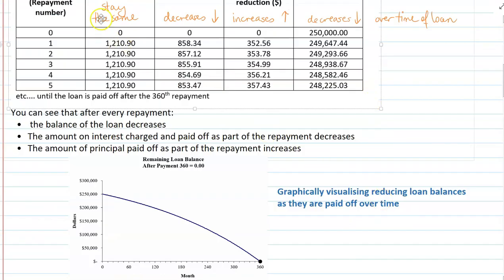And if you were to graph your typical reducing balance loan, it would look something like this. For this particular loan, you can see that we started off with $250,000, and slowly we have this exponential decay, which is a non-linear type function, as the loan balance reduces until you get to that 360th or final repayment.